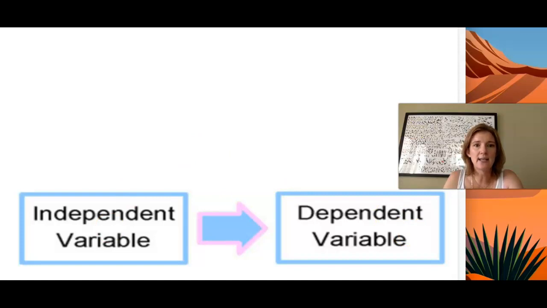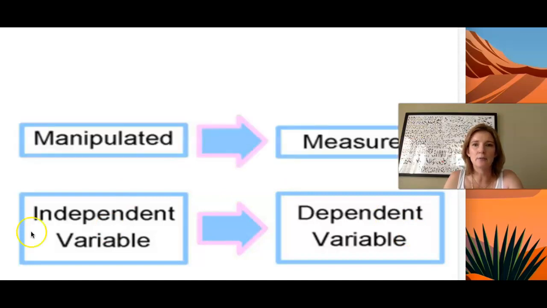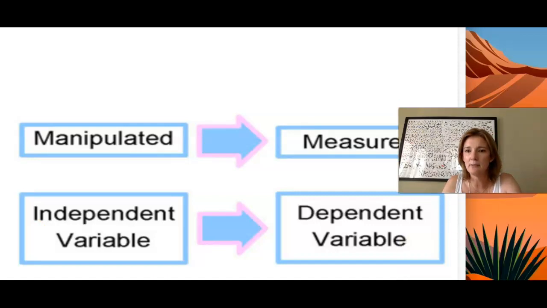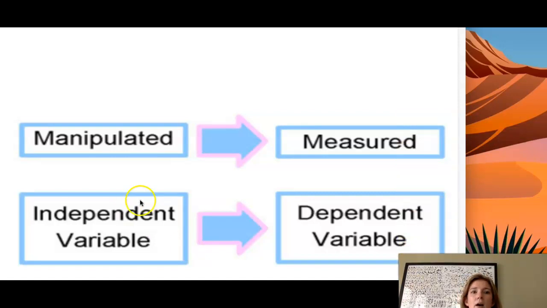The independent variable is what you manipulate. If that doesn't help you, I've got some more words. Whereas the dependent is what you measure.